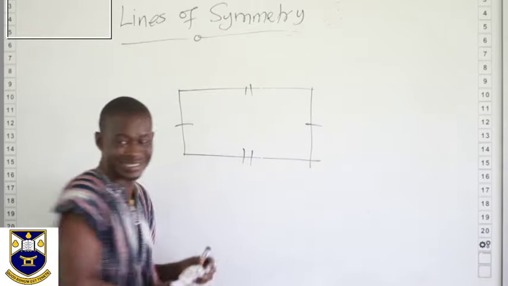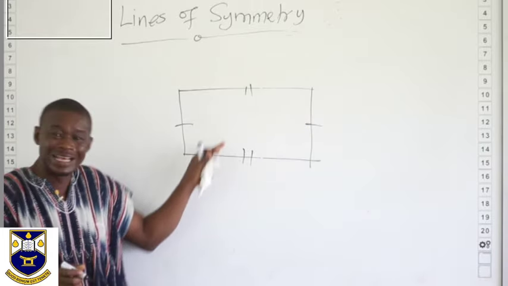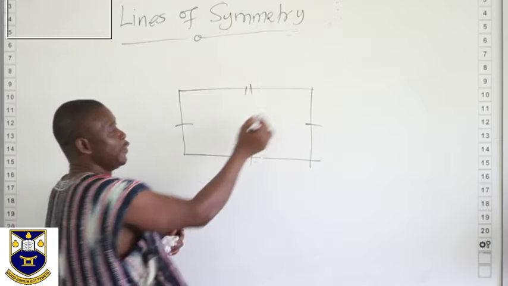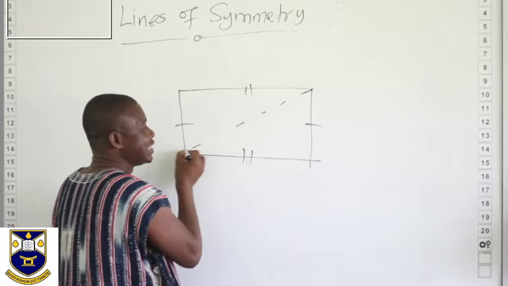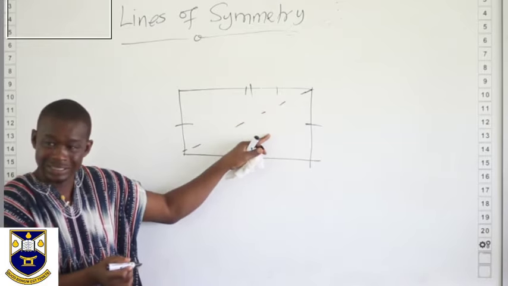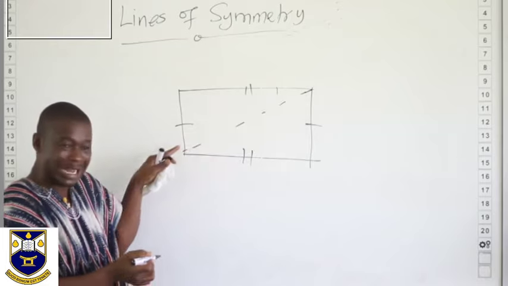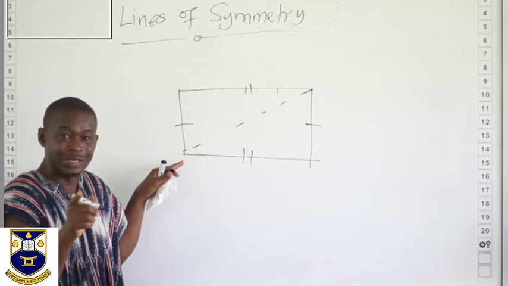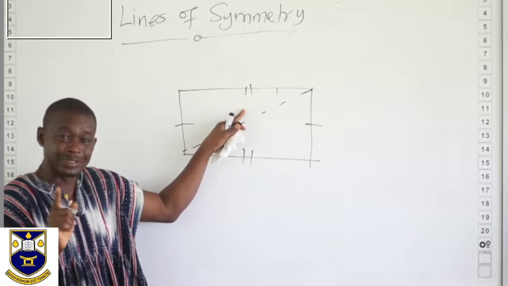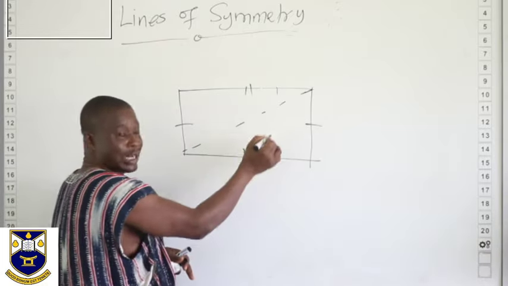By virtue of the nature of the figure, if we fold this diagonally like this, we are not going to have the same figure on both sides. So the diagonal here, unlike what we saw in the square, cannot be a line of symmetry. This one too cannot be.